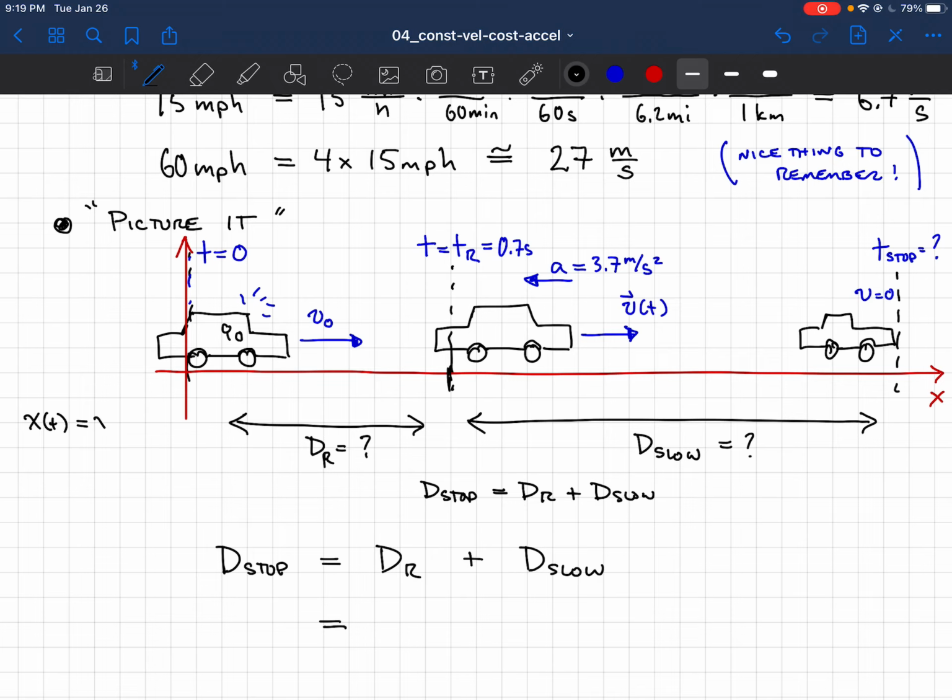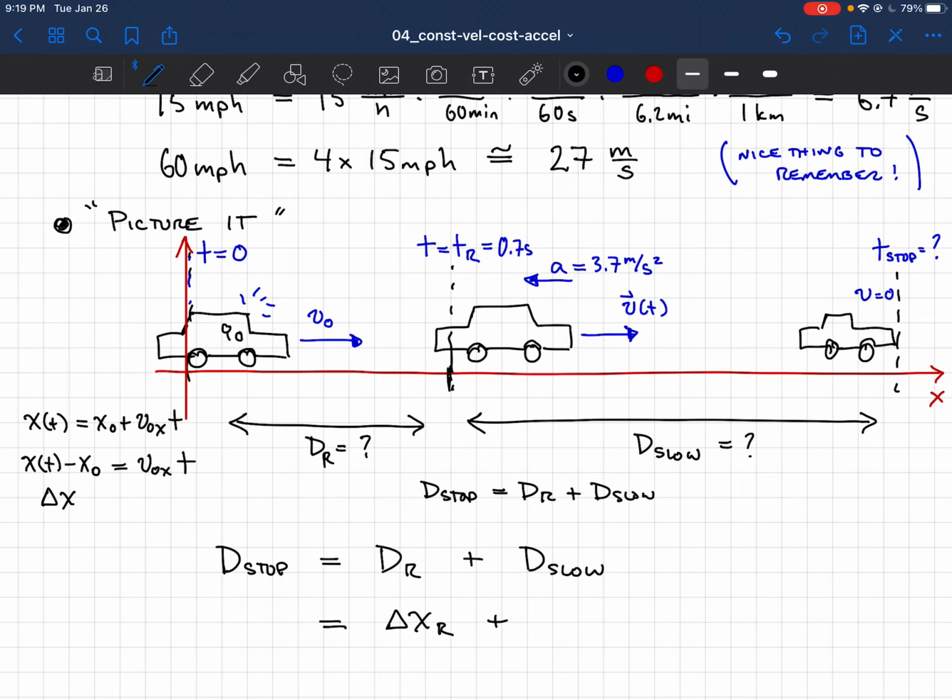We have x of t is equal to x0 plus v0x of t. So let's take it a little bit slower. Let's call that the delta x of the reaction. So I can write this as x of t minus x0 is equal to v0x times t, and that I could call the delta x.